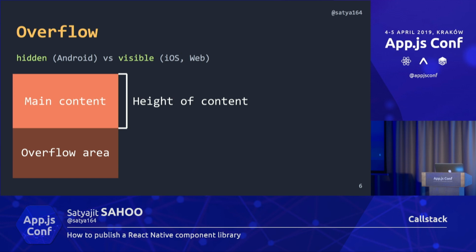On Android, it's not possible to interact with this. So you cannot really use it all the time. So I think the best way to address it is always assume that overflow is hidden by default and design according to that. Because that's the minimum thing you can build, right?